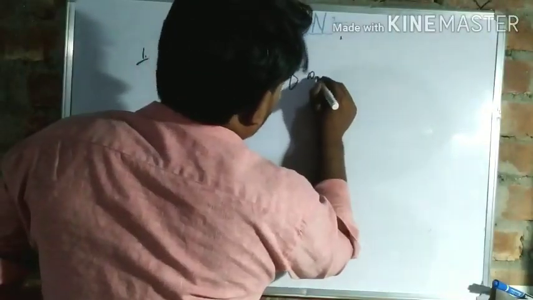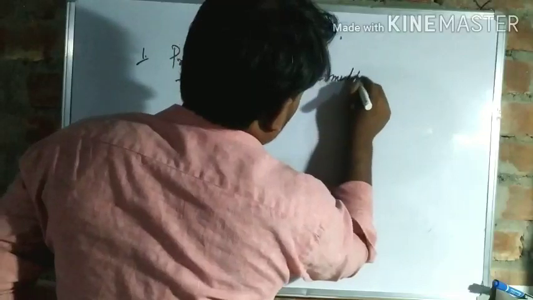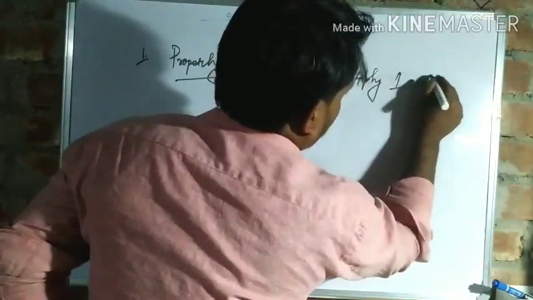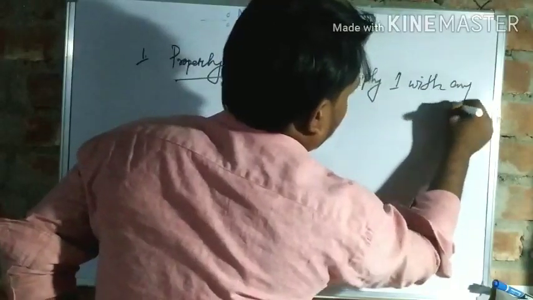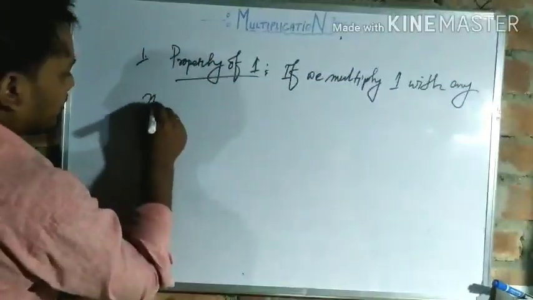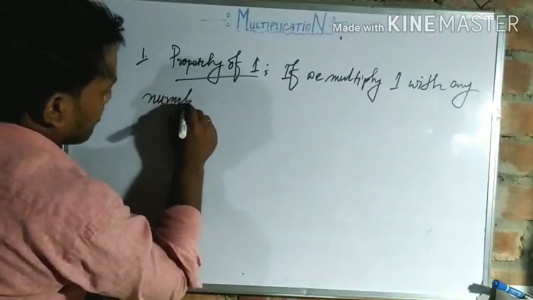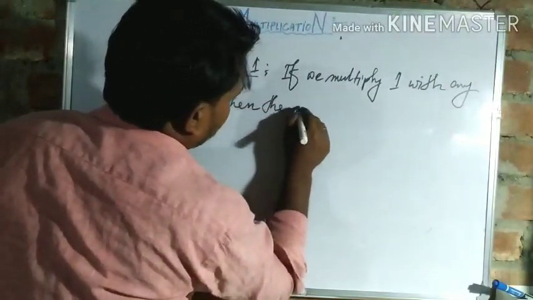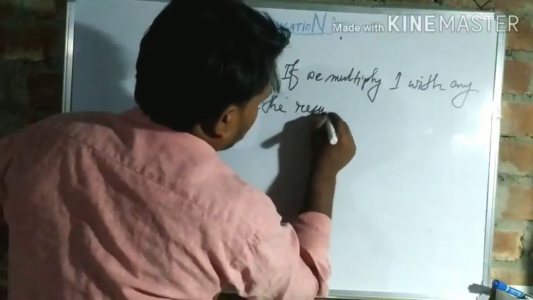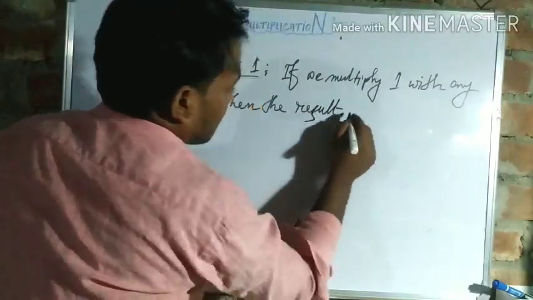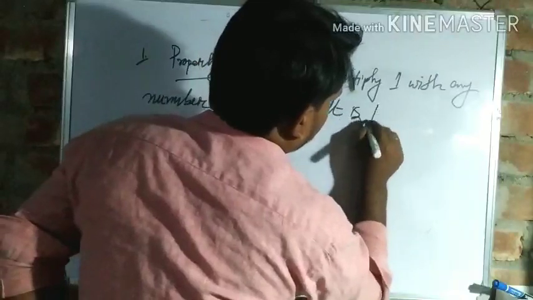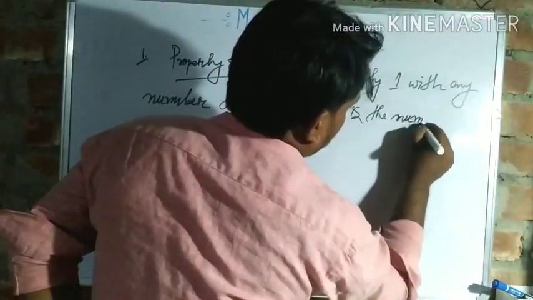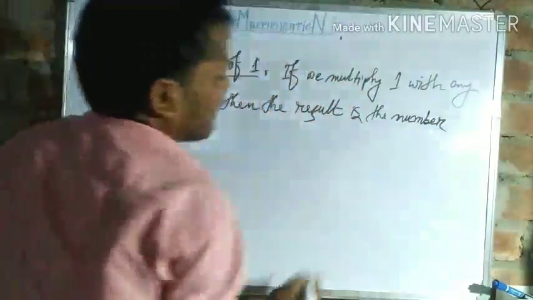If we multiply 1 with any number, then the result is the number itself.